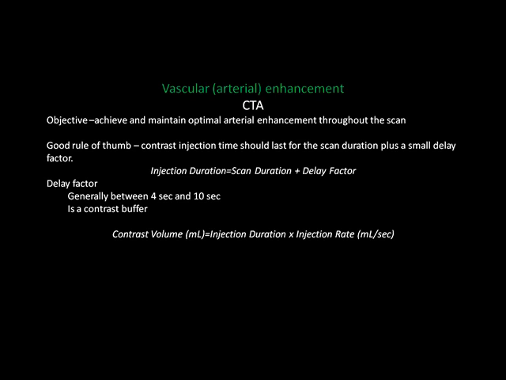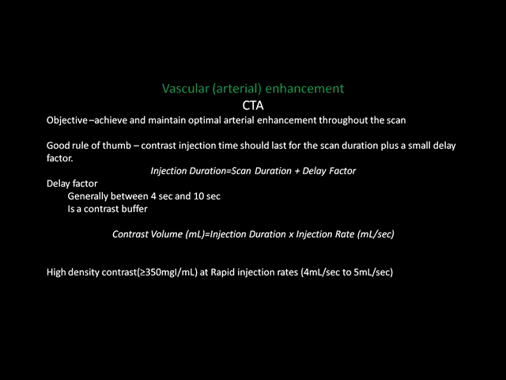Well, you're going to multiply that by the injection rate. So if you're doing a CTA, it would be 4. So you would need at least 88 milliliters of contrast for there to be a good scan, and that's an optimal patient. Again, it's going to vary on the patient. If their heart's not working as fast, it might take longer.